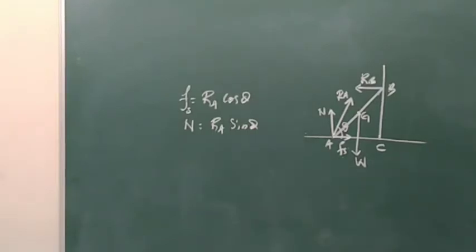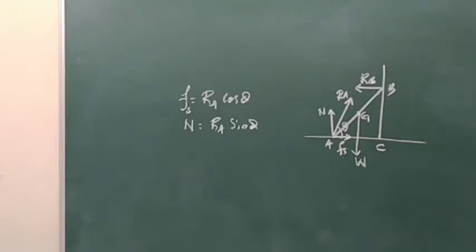Along the x-axis, for equilibrium, it has to be satisfied that Fs is equal to Ra cos theta and N is equal to Ra sin theta.